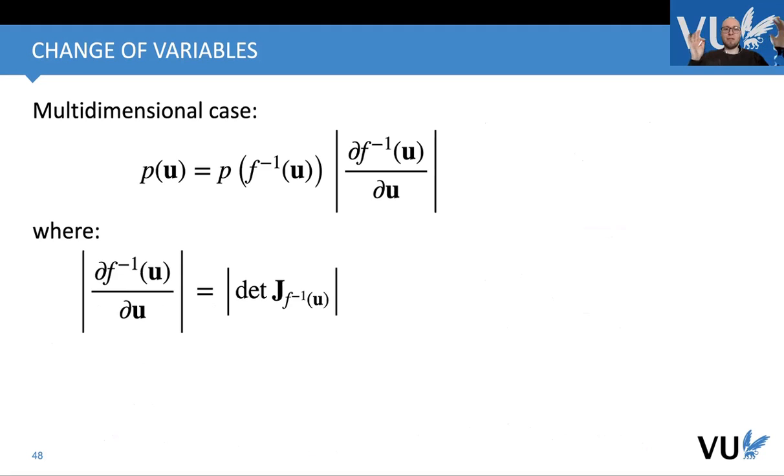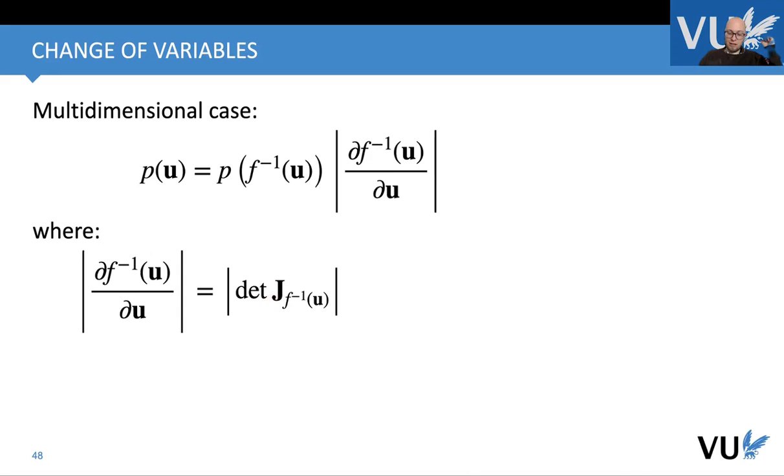We have a vector of pixels, and we simply apply it to pixels. And this term here, as I told you, is the determinant of the Jacobian matrix.